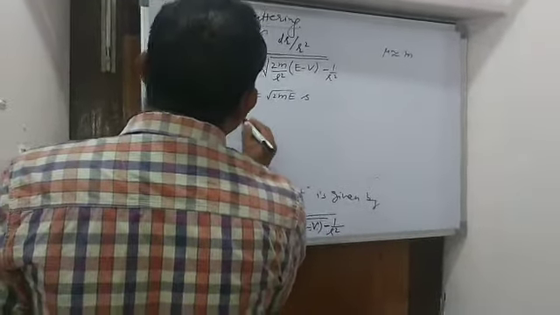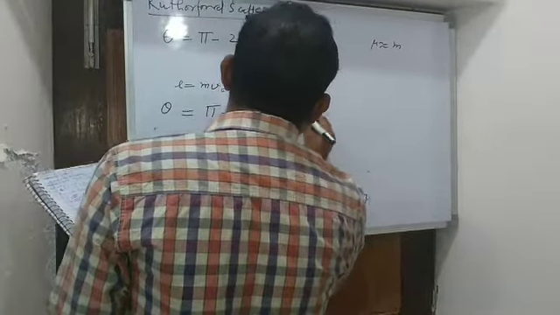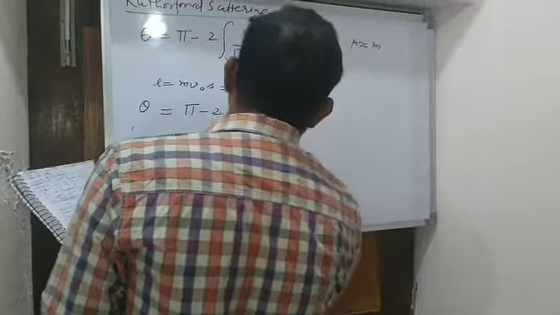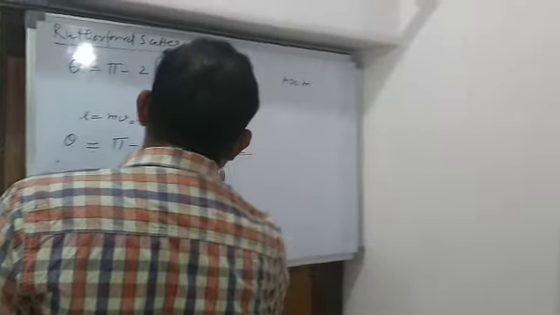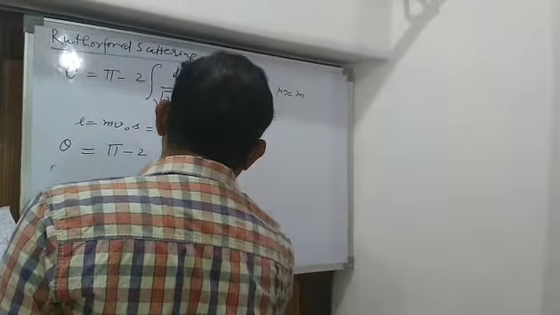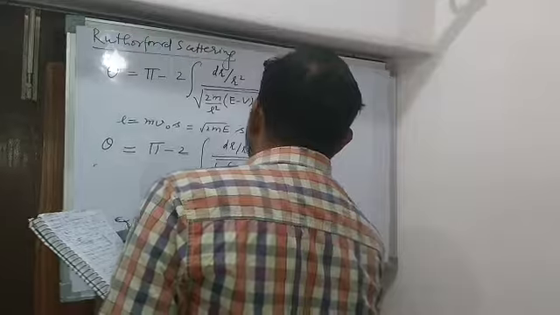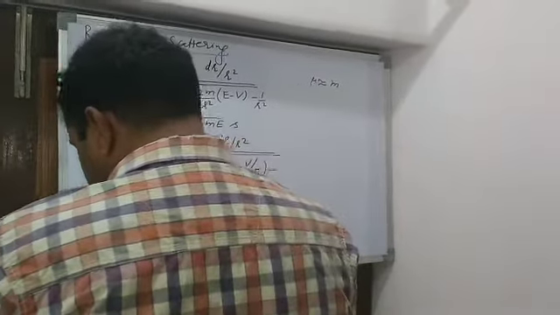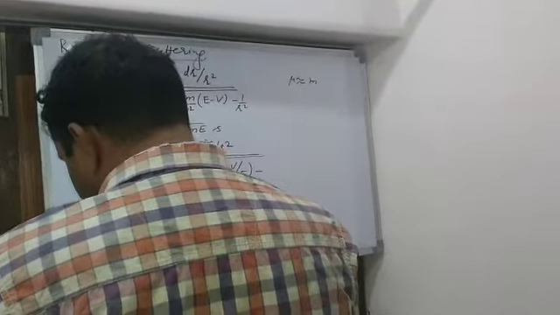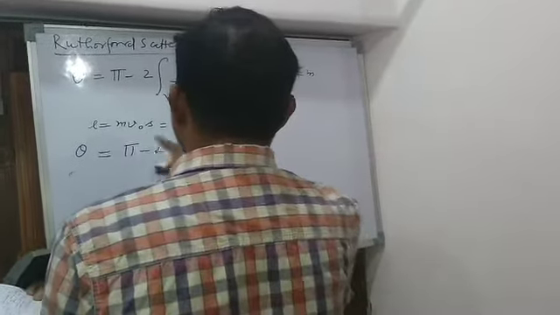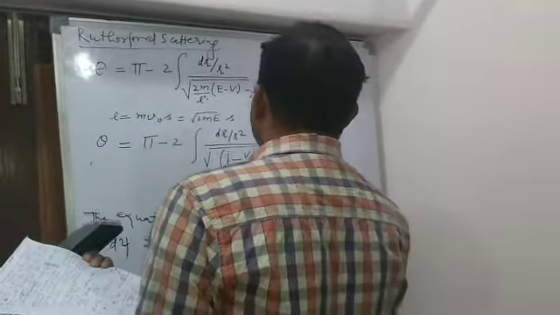So this is going to be pi minus 2 times the integral of dr by r square, square root of E times 1 minus V by E, minus L square.